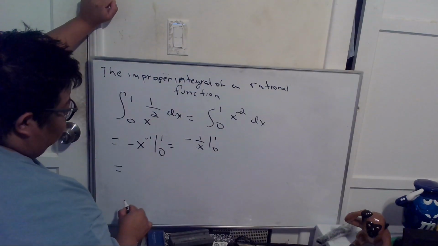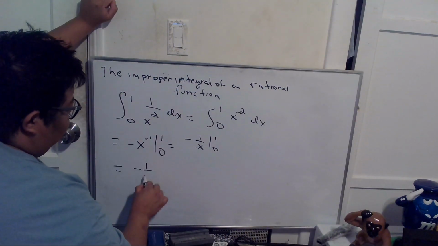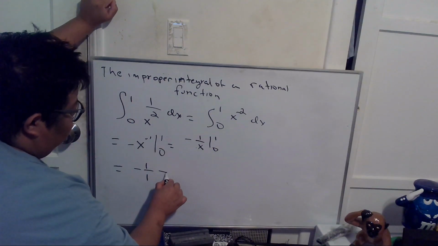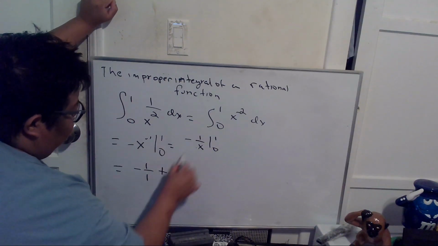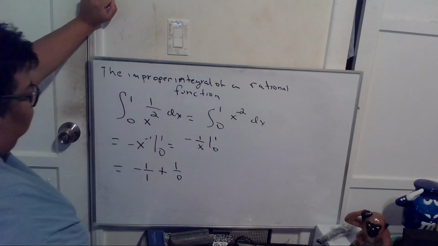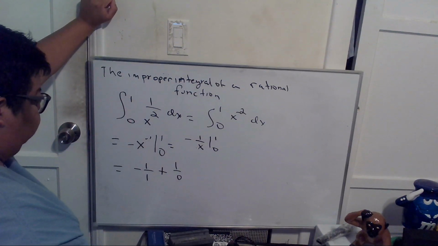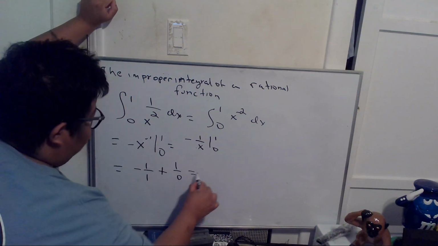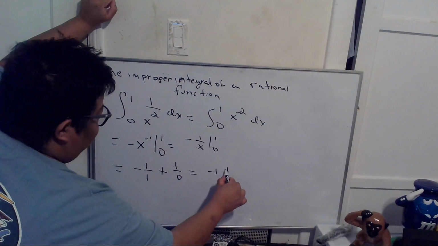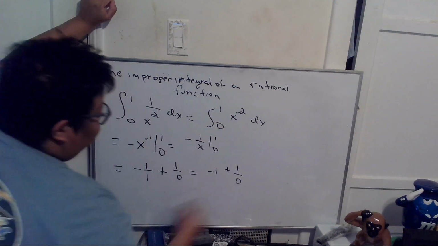That's equal to negative 1 over x from 0 to 1, which is negative 1 over 1 minus, and this becomes plus because of the minus, 1 over 0. So that's equal to negative 1 plus 1 over 0.